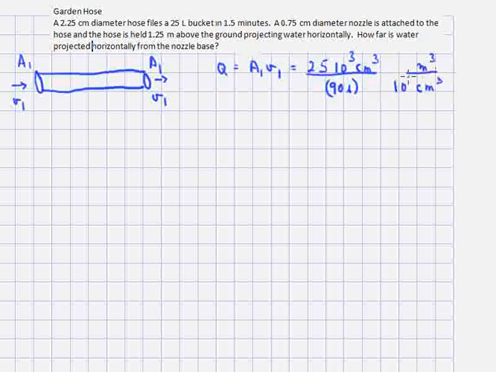There are 10 to the 6th cubic centimeters in 1 meter. That's my conversion factor. And that gives me a Q of 2.78 times 10 to the minus 4 cubic meters per second.